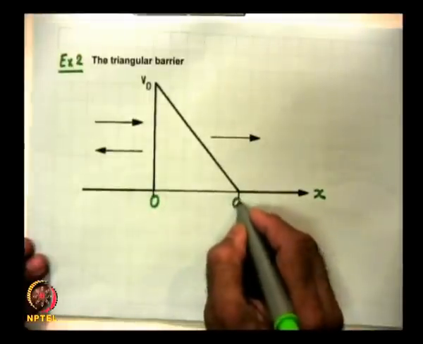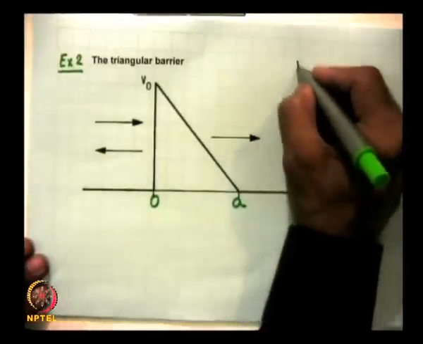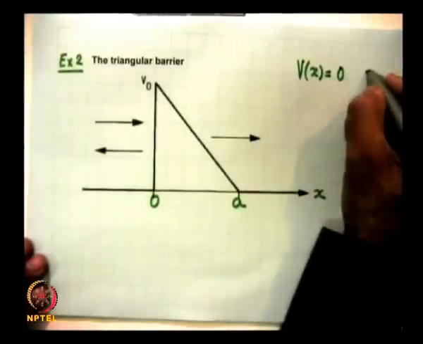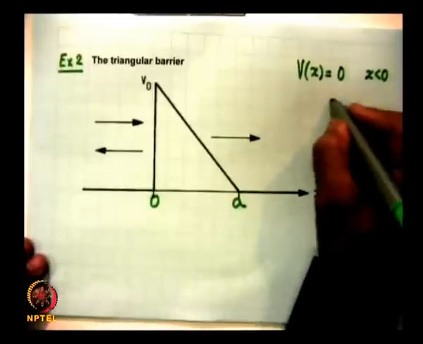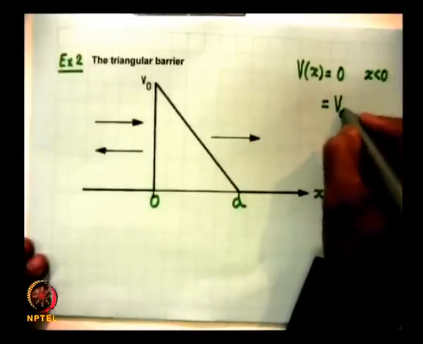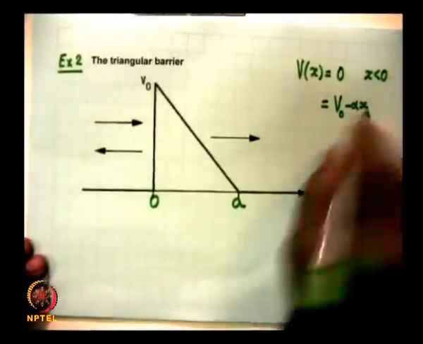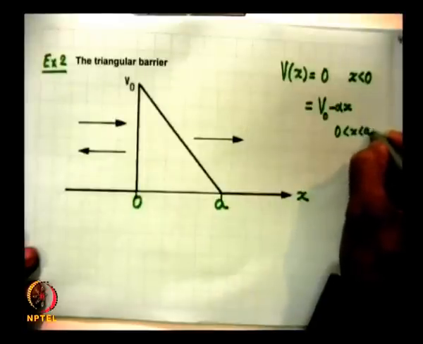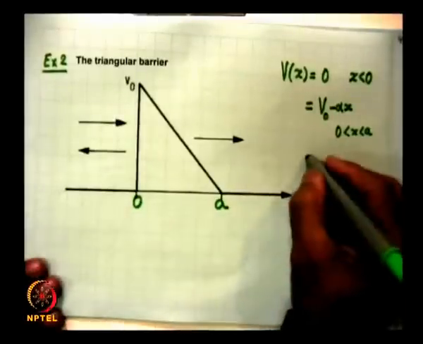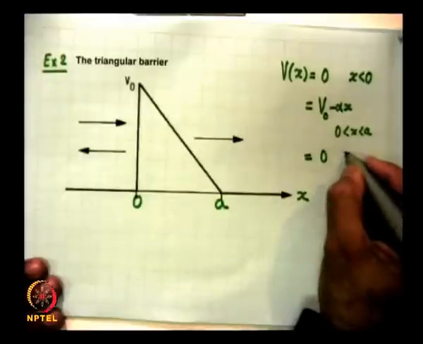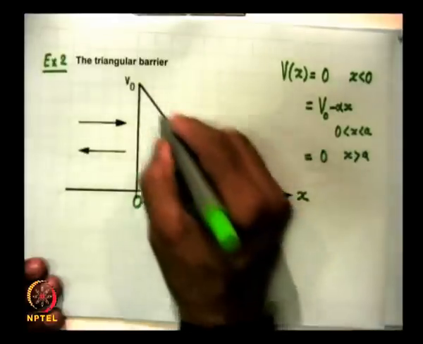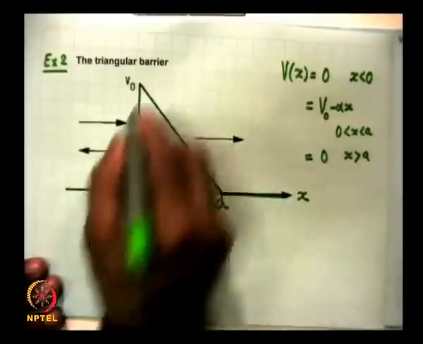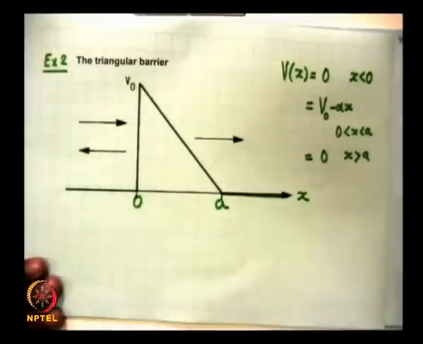The potential energy V of x is equal to 0 for x less than 0, and V 0 minus alpha x for 0 less than x less than a. This is the potential energy function, and then we assume it to be 0 for x greater than a. Actually, this goes to infinity, but for the sake of simplicity we assume this. In this region it is linear.